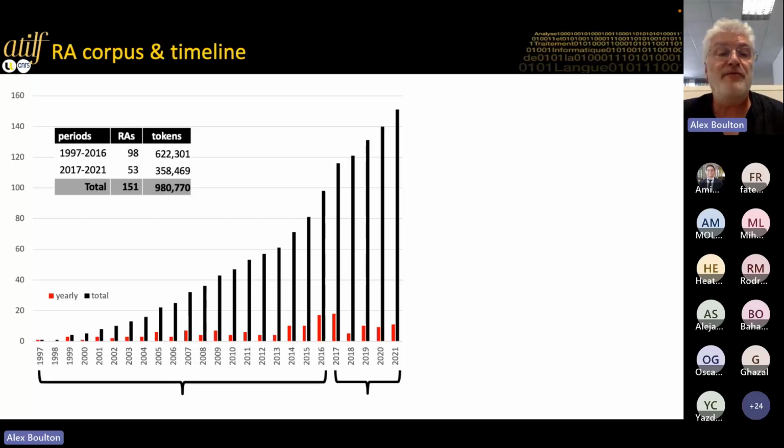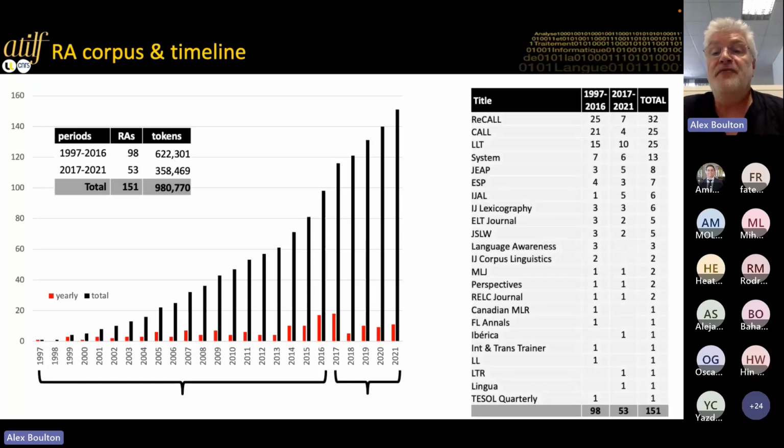Okay, so you can see we have about 50 papers in the last 5 years and about 100 papers in the 20 years before that. So the rate is increasing. The journals mainly involved, well, Recall, Call, Language Learning and Technology and System have all published more than 10 empirical DDL surveys over the years. You can see that on the right.